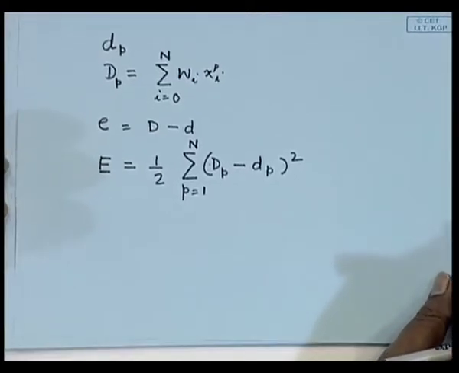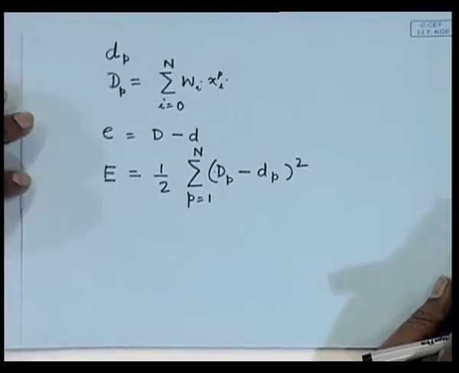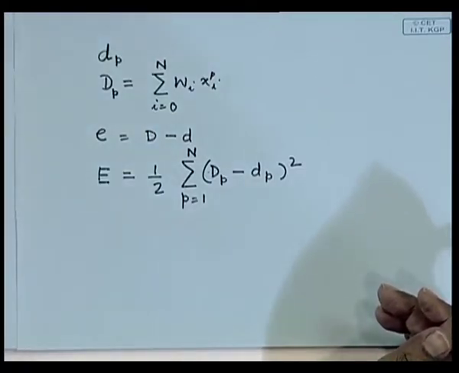So, we can again follow the gradient descent procedure. For that, we have to take the derivative of this squared error with respect to our weight vector w.